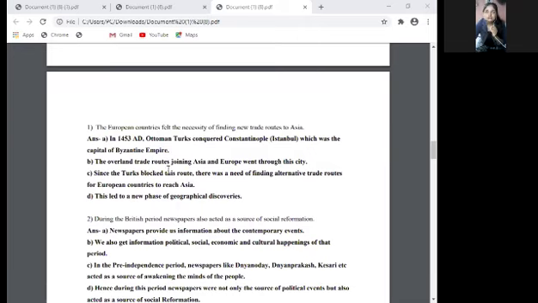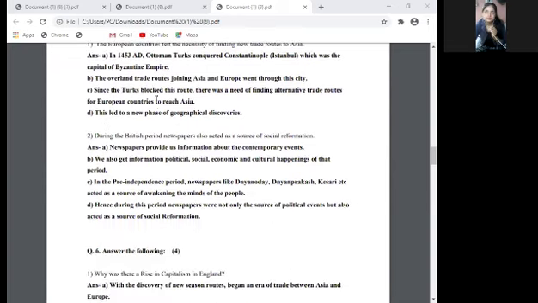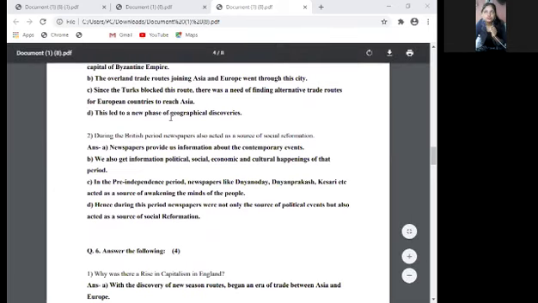The overland trade routes joining Asia and Europe went through the city. Since the Turks blocked this route, there was a need of finding alternate trade routes for European countries to reach Asia. This led to a new phase of geographical discoveries. These are important points which should be included, all of them.